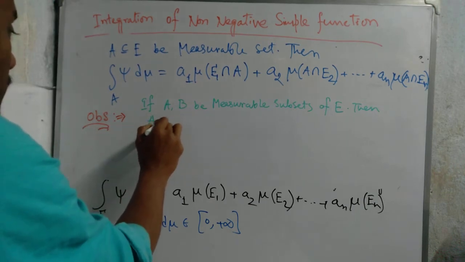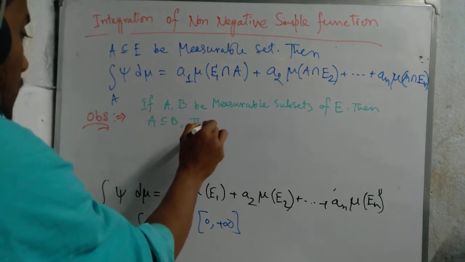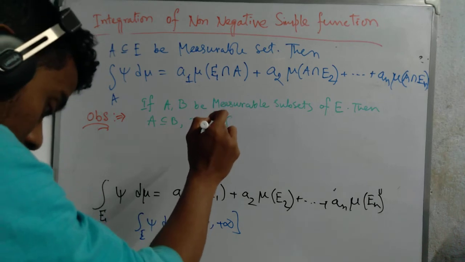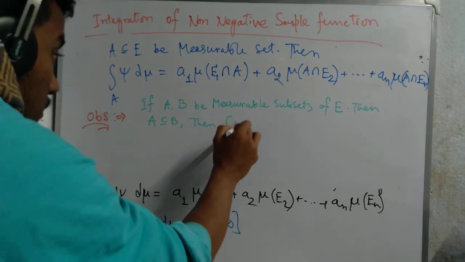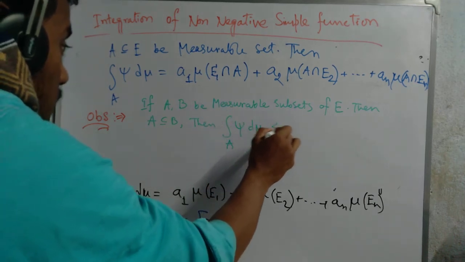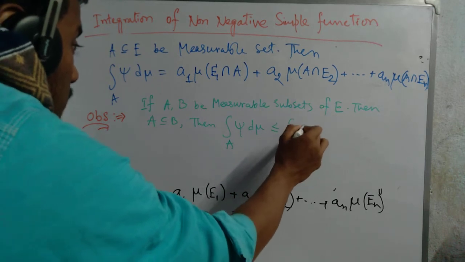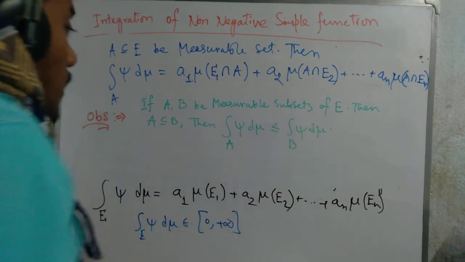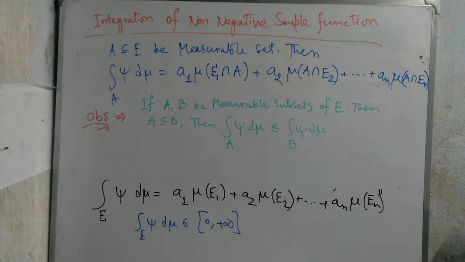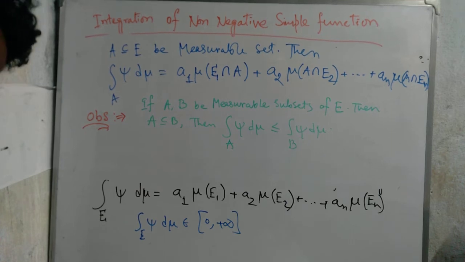If A is a subset of B, then the integral over A of psi d mu is less than or equal to the integral over B of psi d mu. Now see how this one happens.